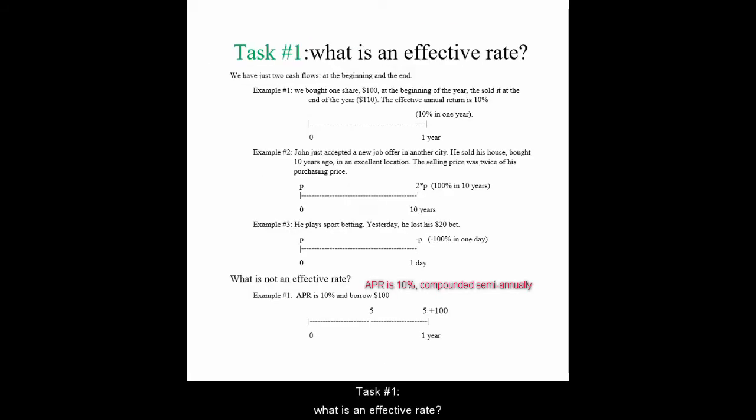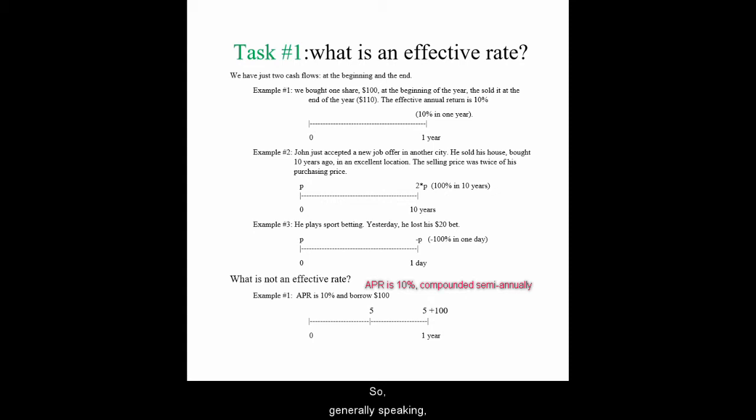Task number 1. What is an effective rate? We know we have several formulas to calculate future value, present value, present value of annuity, and present value of perpetuity. In these formulas, R actually is an effective rate.